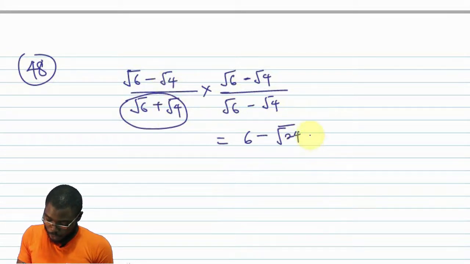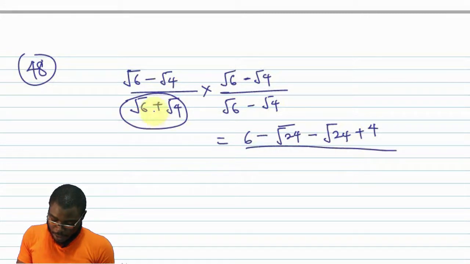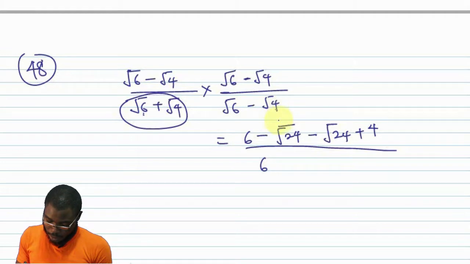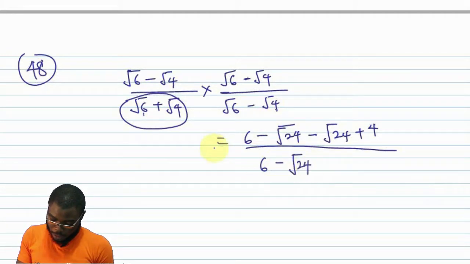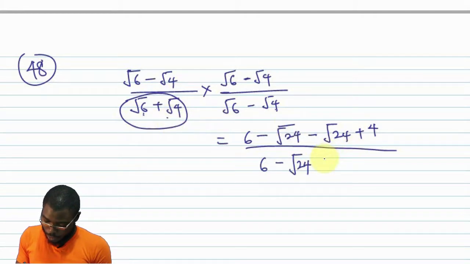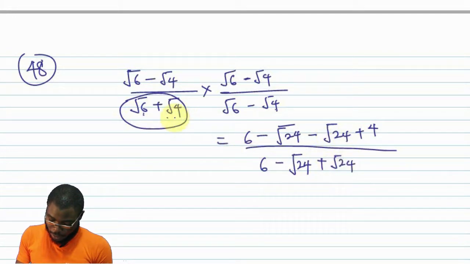Another minus root 24, and then root 4 times root 4 will give us 4, all over this times this gives us 6, this times this gives us minus root 24, then this times this gives us plus root 24, and then this times this gives us minus 4.